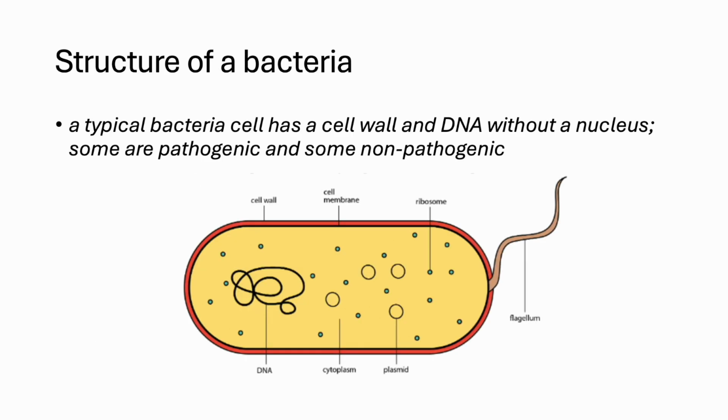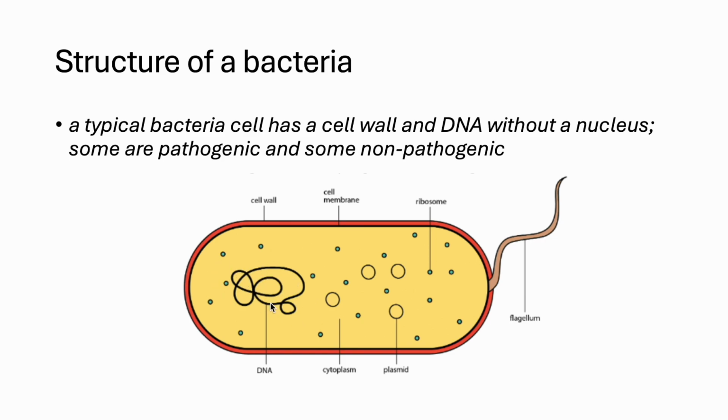So let's look at what the big deal about bacteria and viruses is. We need to understand how they are built in order to tackle them. A typical bacterial cell has a cell wall and DNA, and it's a prokaryote, a type of cell that does not have a nucleus, which means the main DNA is like a big rubber band.